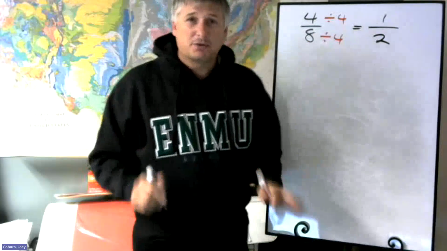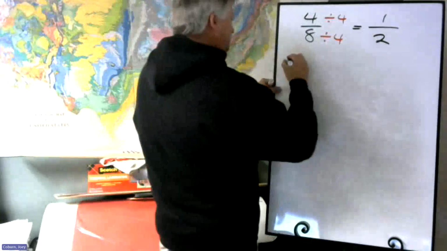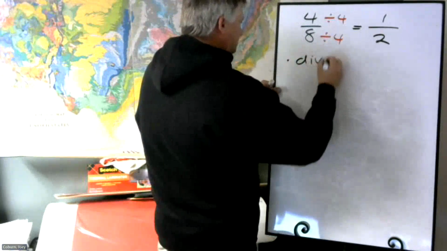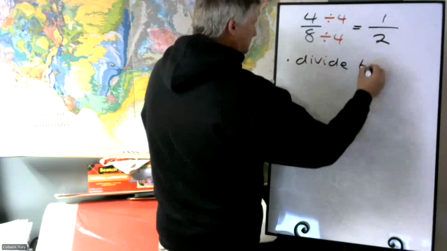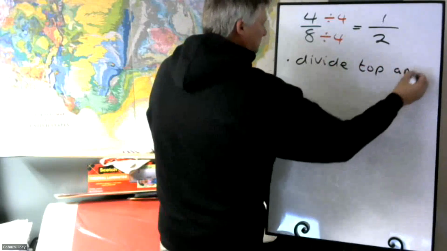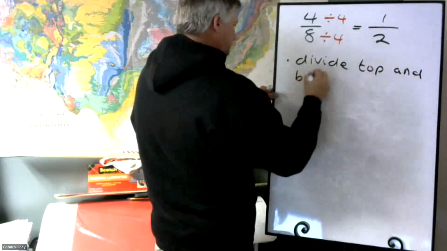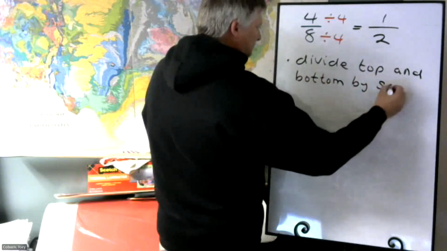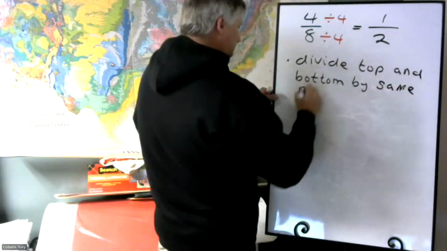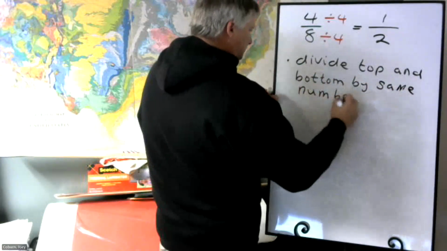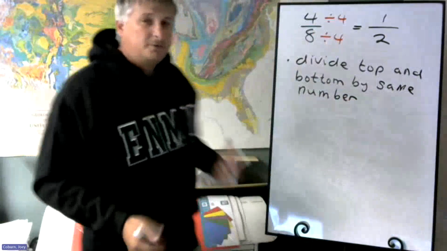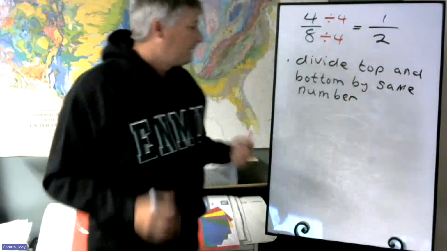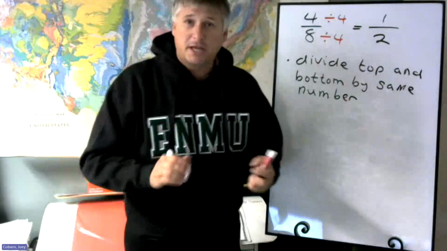So here's the thing with reducing fractions. We want to divide the top and bottom by the same number, if we can.